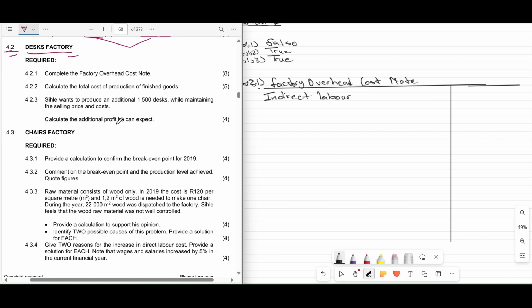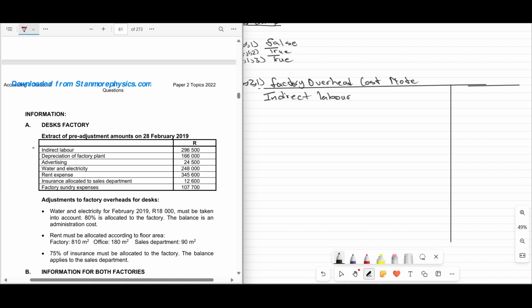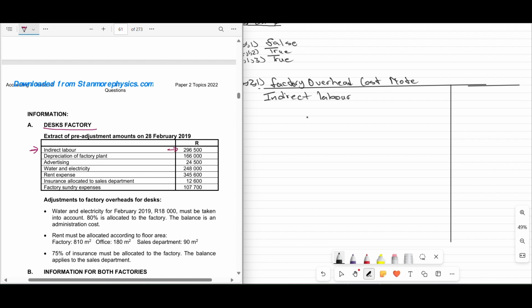Information A is for the desk factory, and the indirect labor is given there. So there's no need for us to calculate. We are going to record it as it is, 96,500.